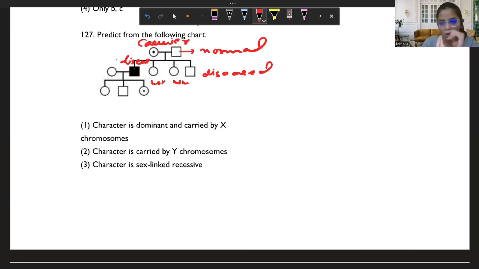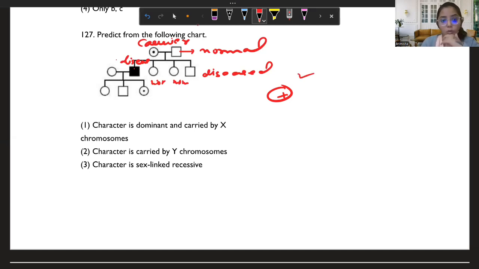If it is a dominant disease, it will pass on to female also, and to male also, because one X chromosome is sufficient for the disease to be caused. But that is not the case. It is being passed only to the male. It means it is not dominant, so it is a recessive disease.